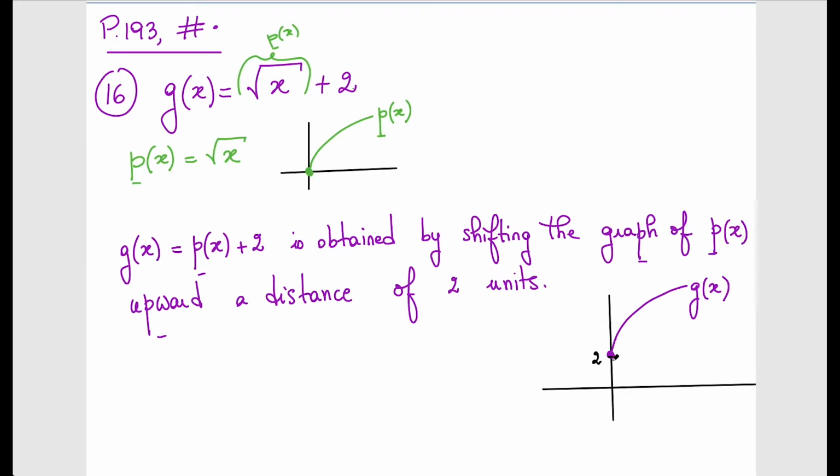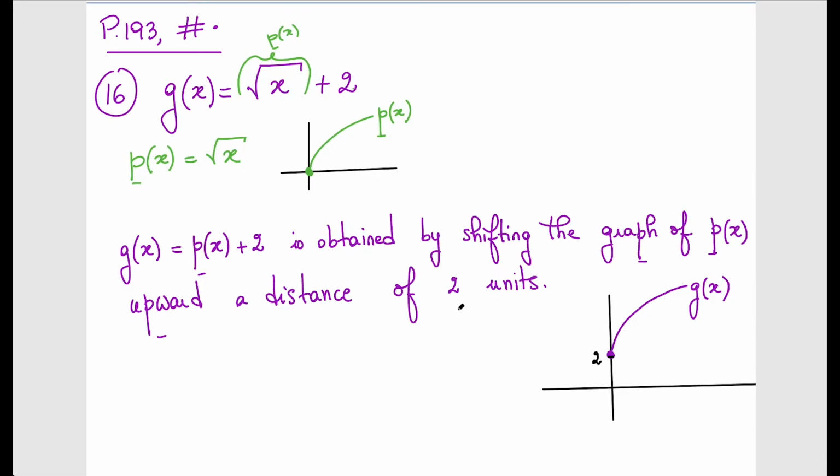You can check that (0, 2) is part of the graph: plug in 0 for x in the function g. What g is going to produce for input 0 is the same as what p produced for input 0, which is 0, plus 2. And 0 plus 2 is 2. Okay? All right.